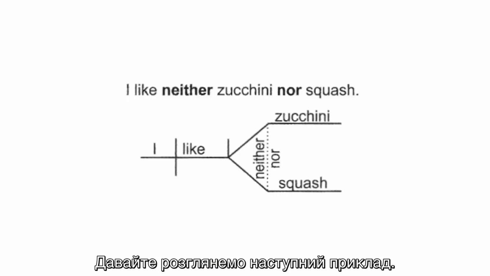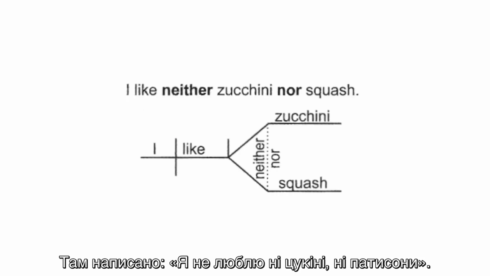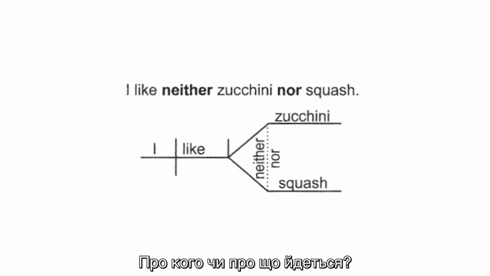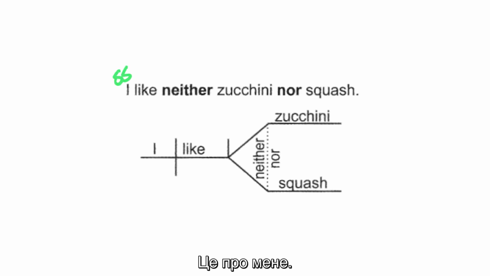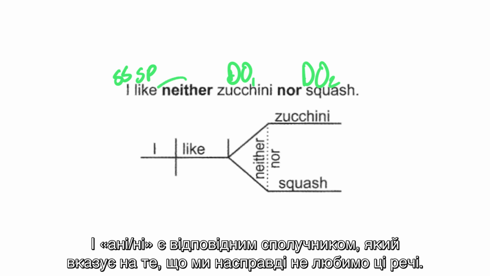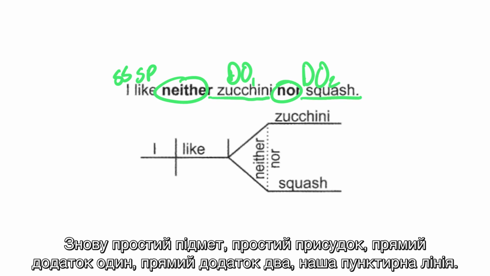Let's take a look at this next example. It says, I like neither zucchini nor squash. Who or what is this about? It's about I. What does I do? I like. I like what? Zucchini. I like squash. And neither/nor are the correlative conjunction indicating actually we don't like those things.